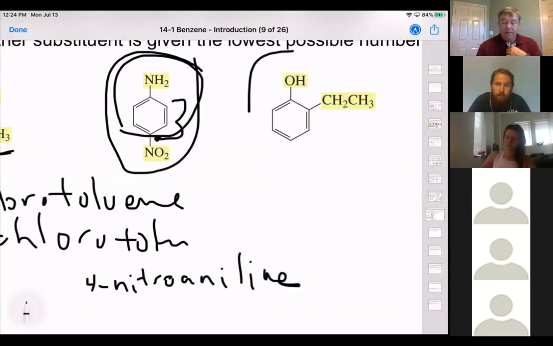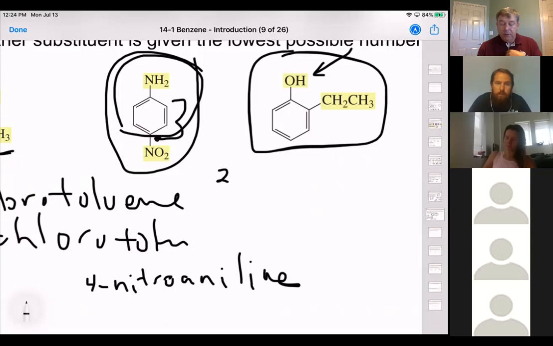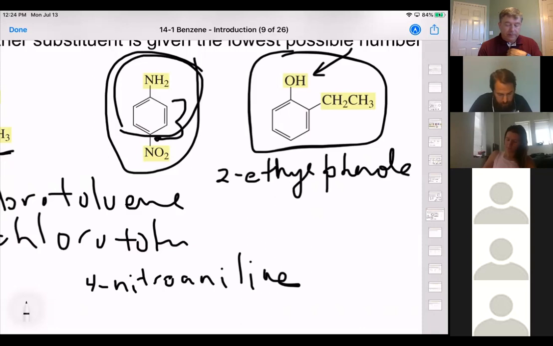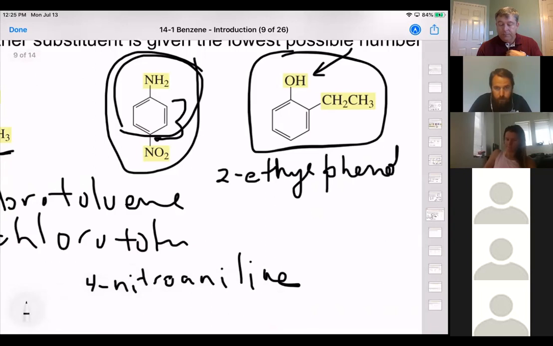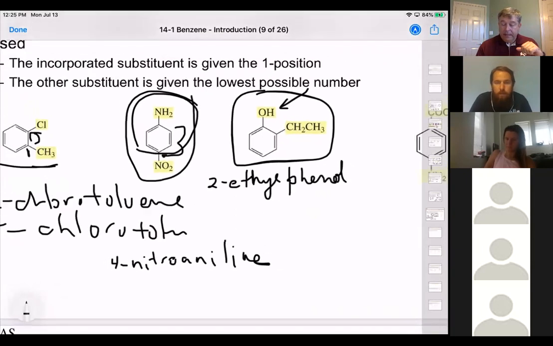And when we have our hydroxy group on our benzene ring, that changes it to phenol. And so this would be 2-ethylphenol. Oh, there's no E at the end, sorry. Phenol, right here.